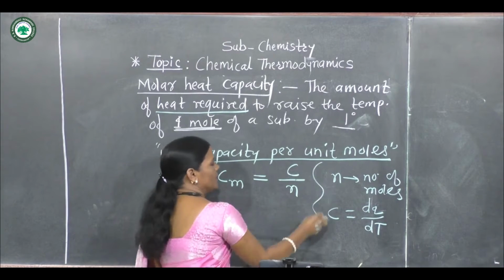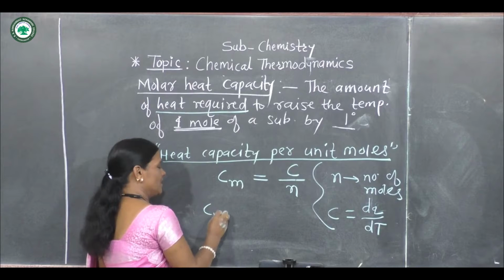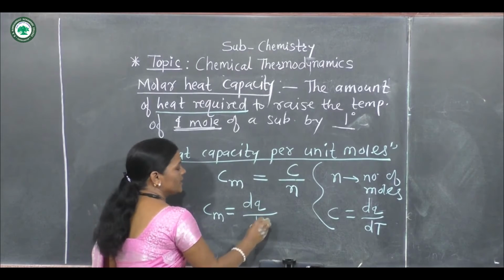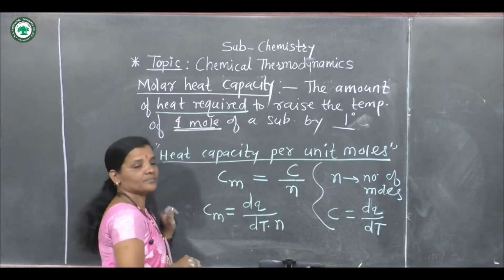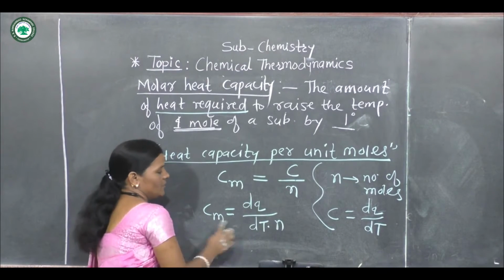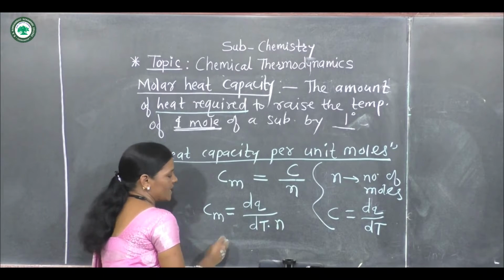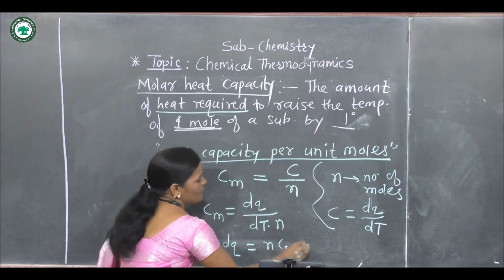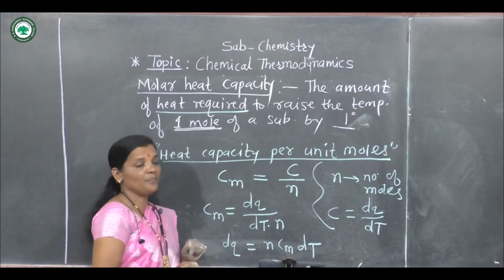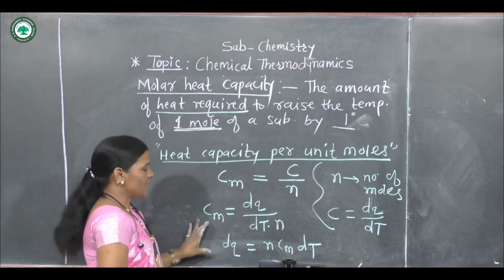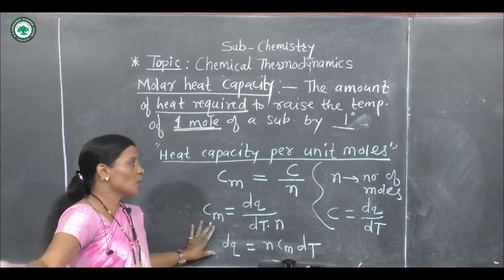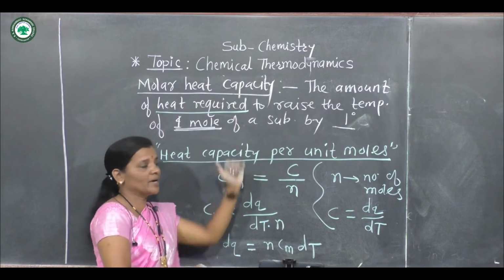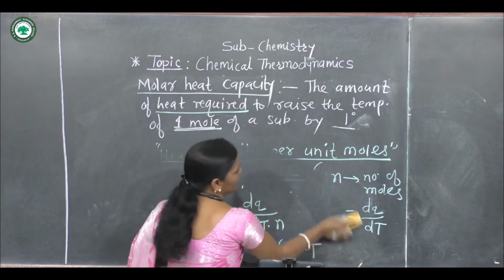So here we get the equation Cm is equal to dq upon dt into N. Now we can transfer this N dt to the opposite side and we get dq is equal to N Cm dt. Here we can integrate this equation to find out the heat required to raise the temperature of 1 mole of substance by 1 degree.